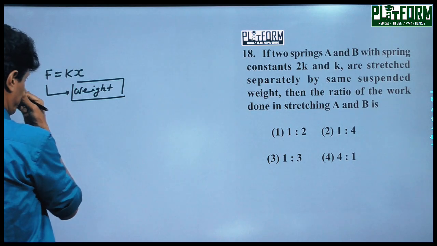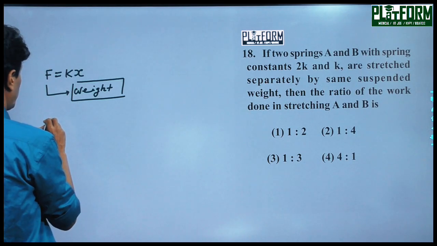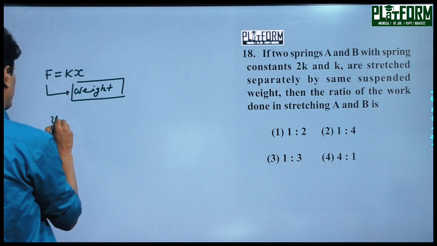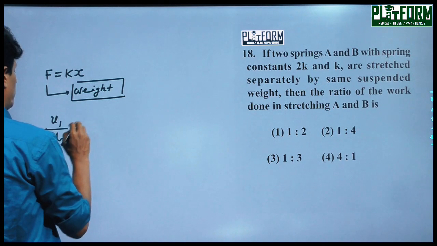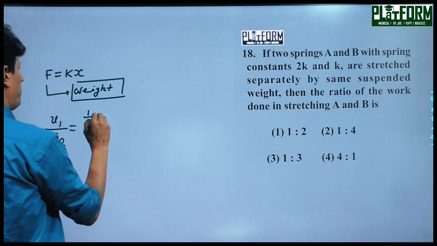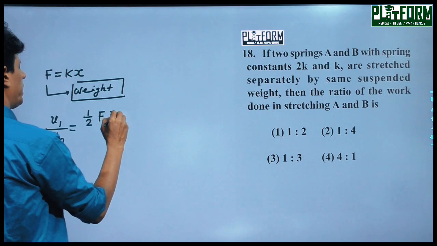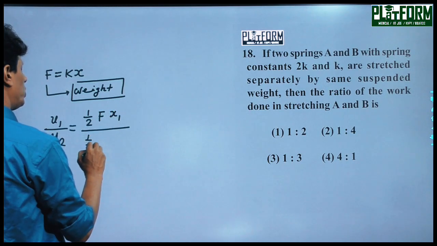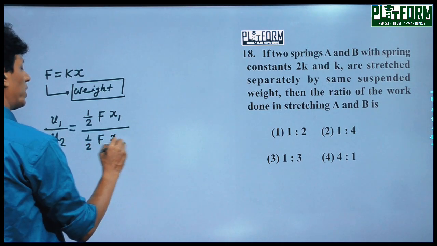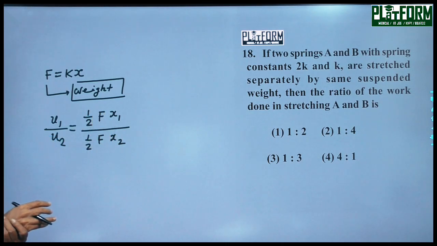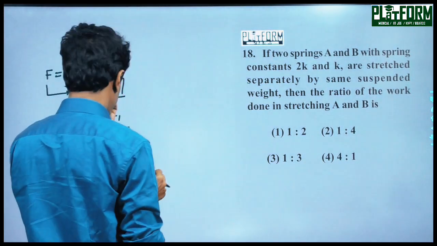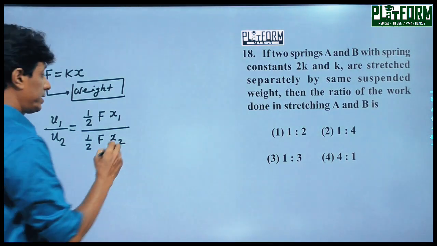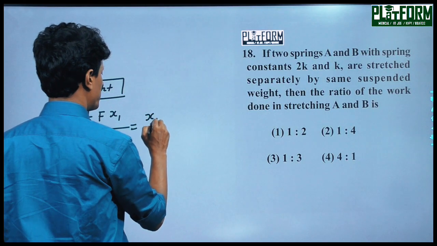So, energy is half into F into x1 by half into F into x2, under the same weight. Both the springs are stretched, so the ratio of the work done in stretching A and B is equal to the ratio of the expansion.